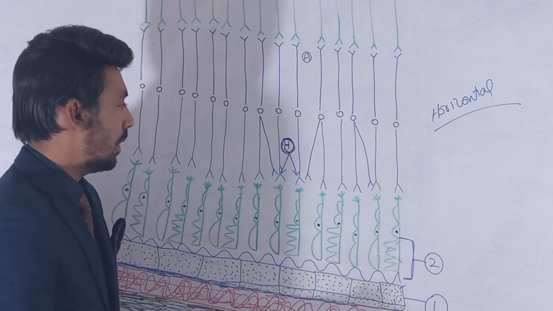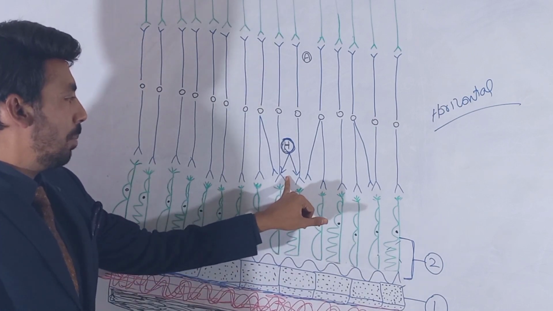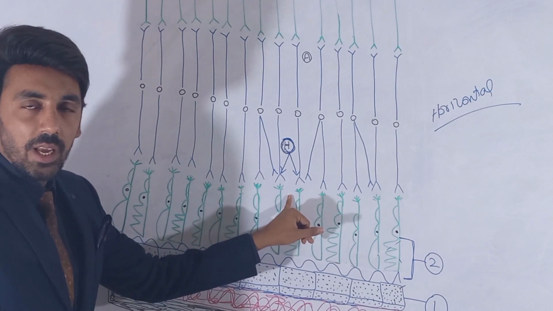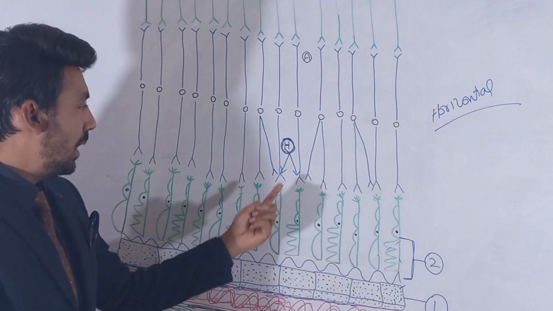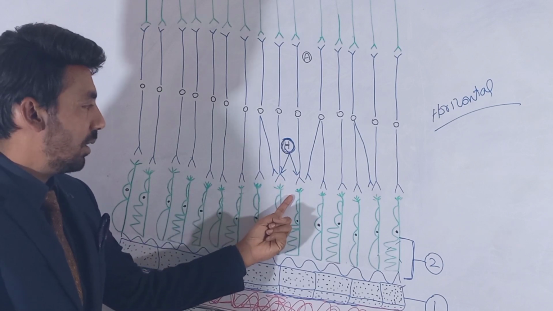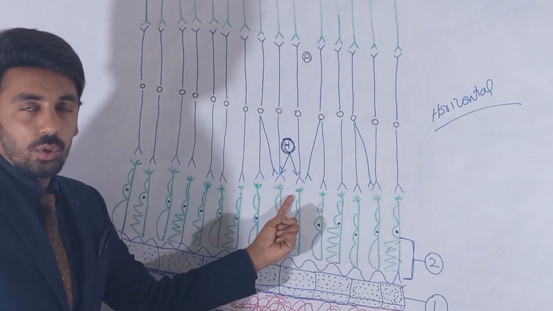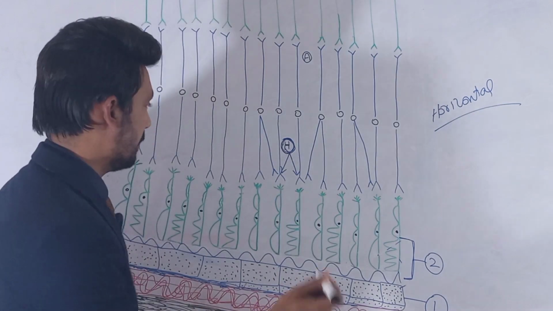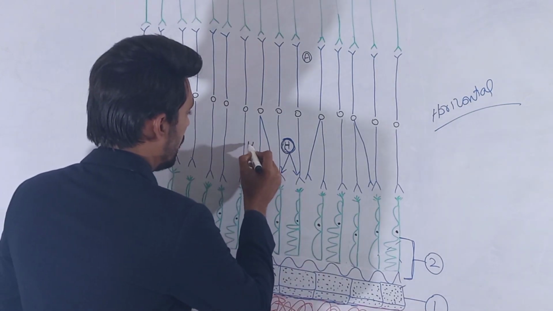They make contacts between the bipolar cells and the photoreceptor cells. So these cells are called the horizontal cells.